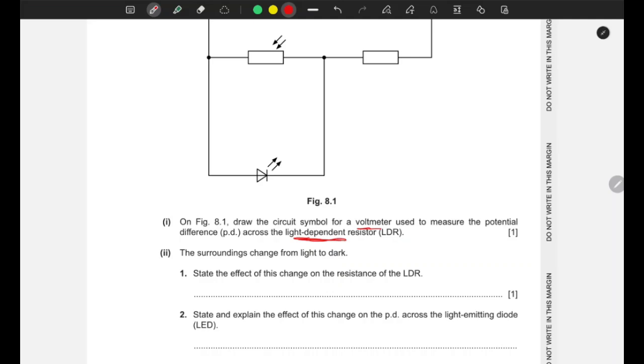So if you want to measure the voltage of the LDR, it should be parallel to the LDR. So to draw that, we would just make a junction, and we draw a voltmeter. And then we have the two junctions.